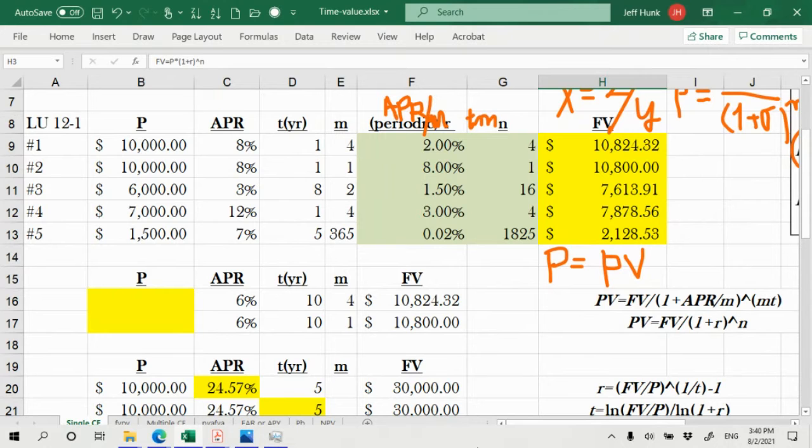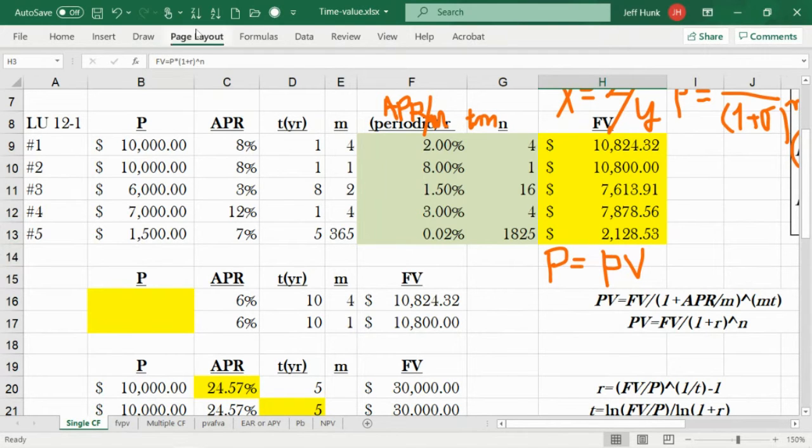How much would you sell it for? You would sell it for exactly $10,000. You're not going to sell it for any less than $10,000. So that's the present value of that bond.